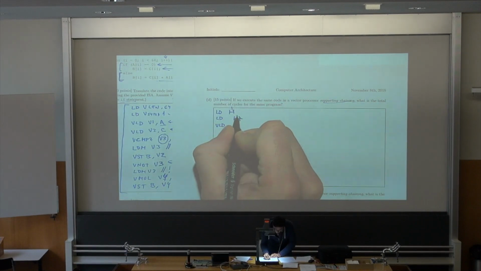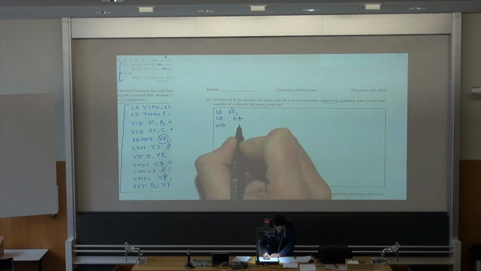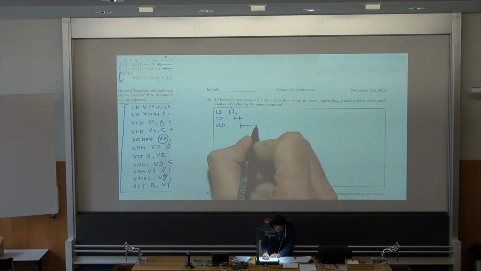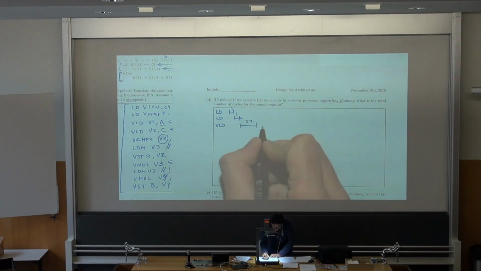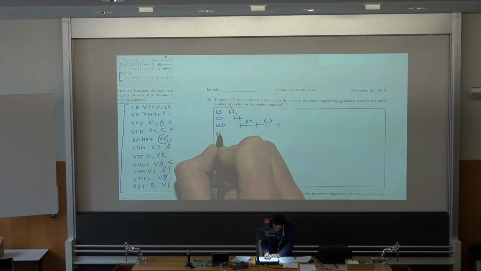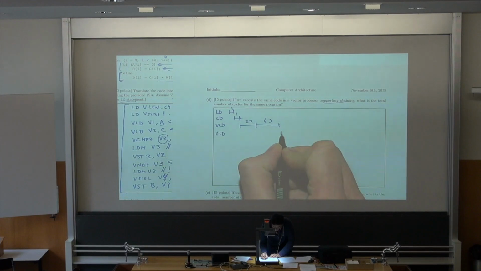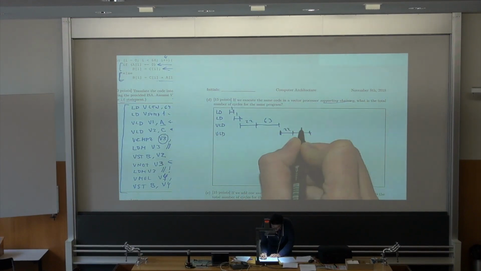Here again we have 1 cycle for each of the LD instructions, and then we have 22 cycles for the vector load plus 63 for the second vector load, because we still have 1 single port. We will have to wait until it is completed.